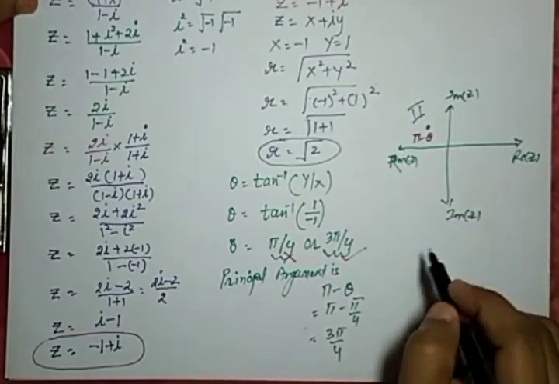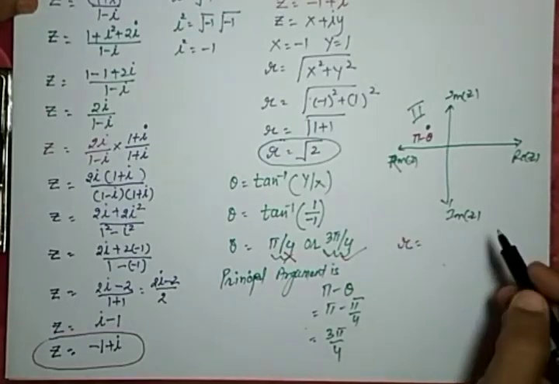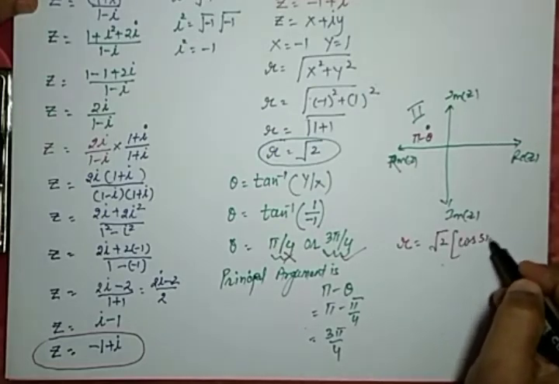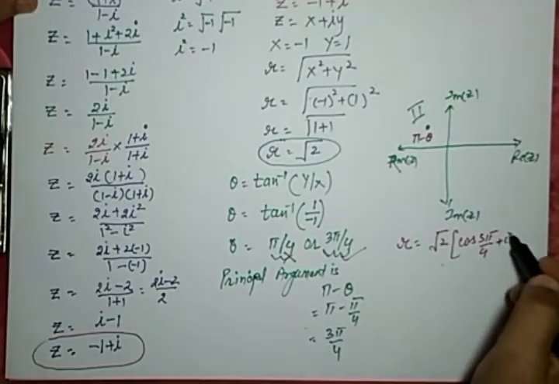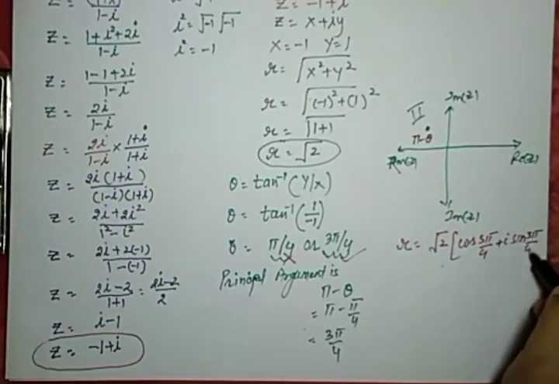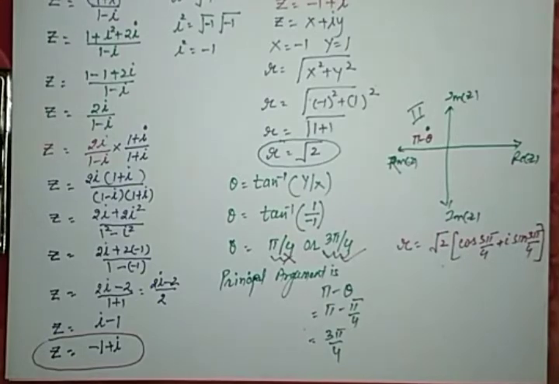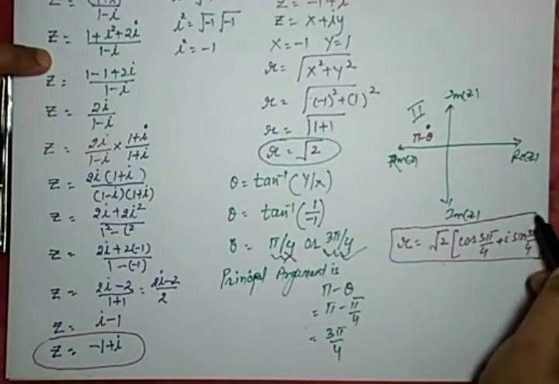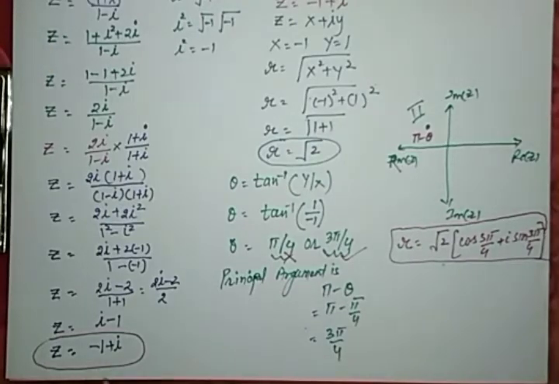So now our number can be written as r equals under root 2 (cos 3 pi by 4 plus iota sine of 3 pi by 4). Okay.